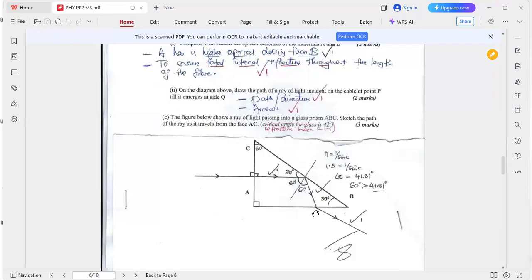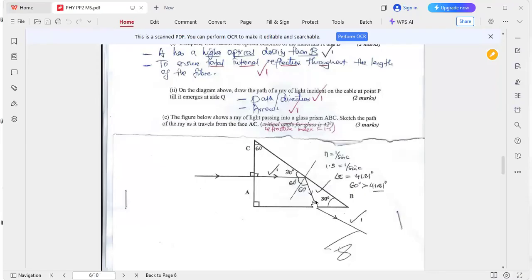Then we draw the normal here. Of course, a normal is 90 degrees to the interface. Therefore, we find the angle of incidence here, which will be what?